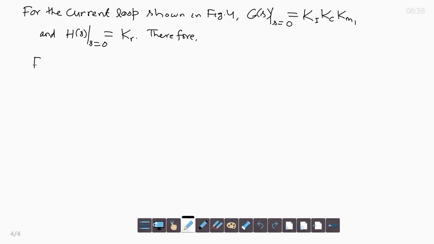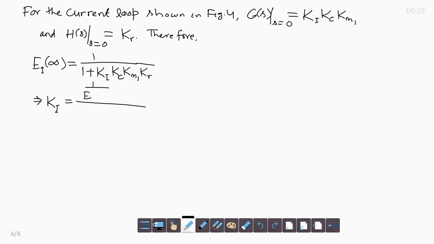Therefore, the steady state current error EI infinity is 1 upon 1 plus KI KC KM1 into KR. So from this we get the current controller gain KI, which is 1 upon EI infinity minus 1, whole divided by KC KM1 KR.